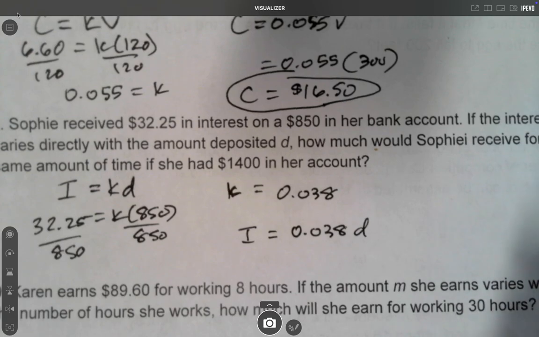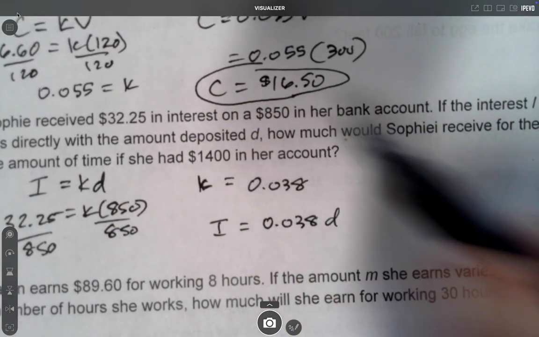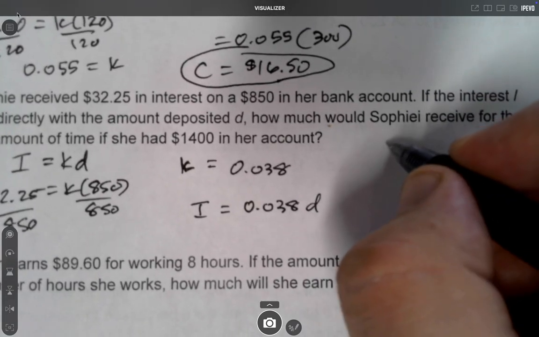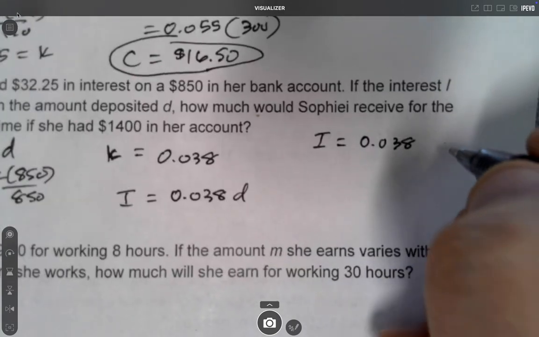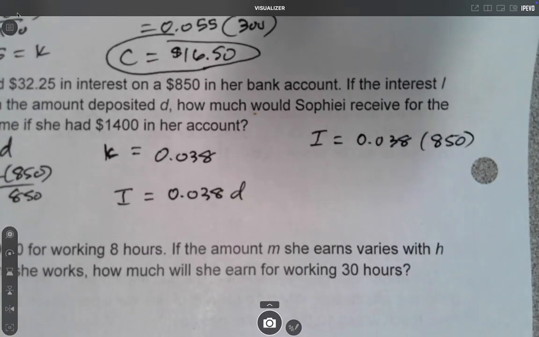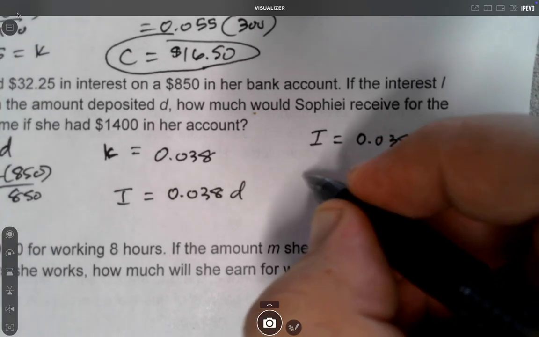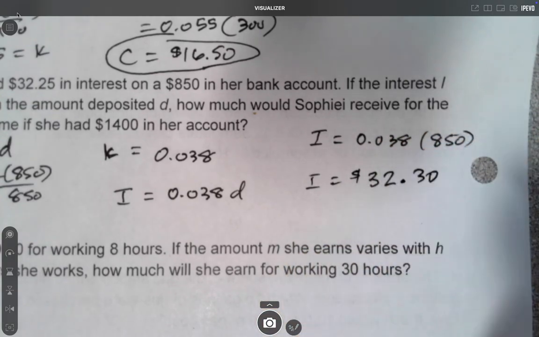And the question is, how much interest would she earn if she deposited $1,400 instead of $850? So we plug in $850 for the deposit, multiply by 0.038, and we get that she would have earned $32.30 in that case.